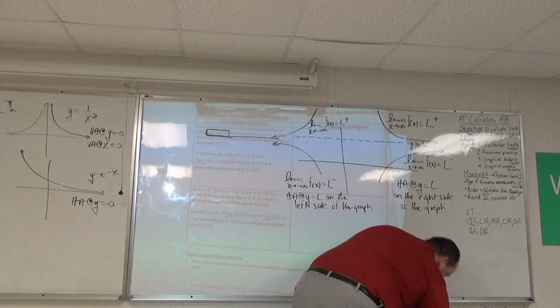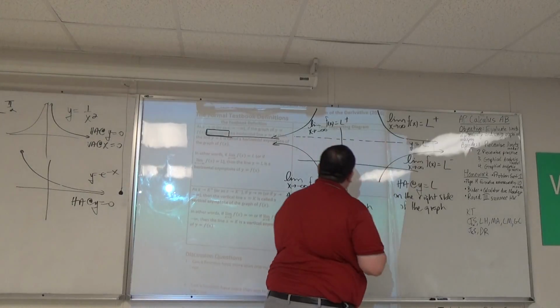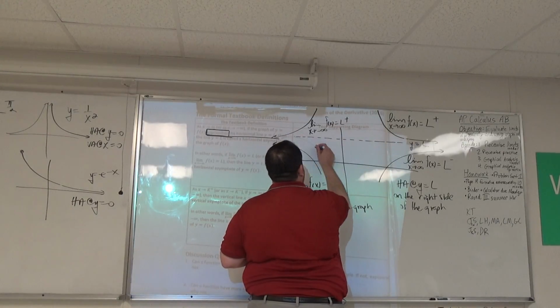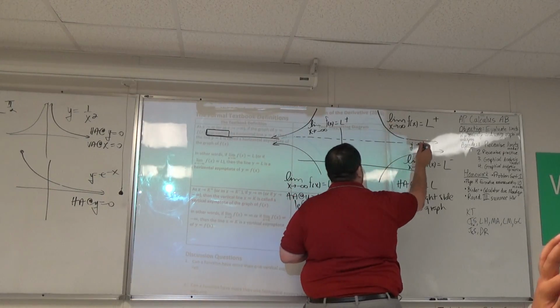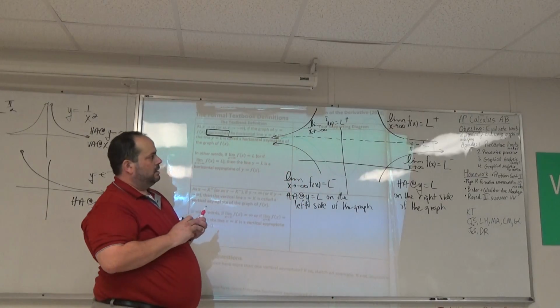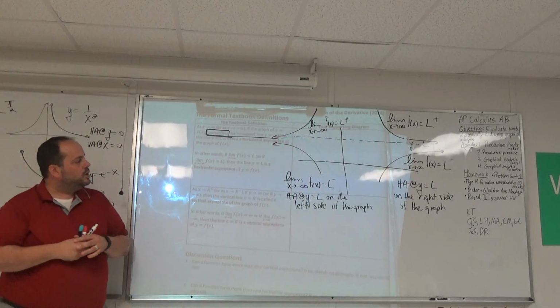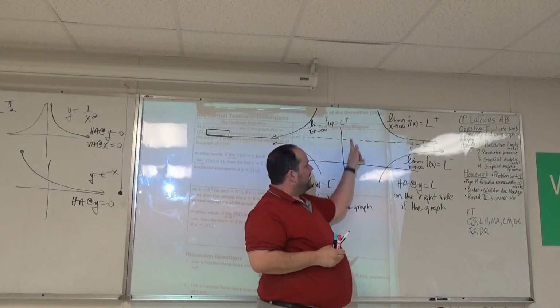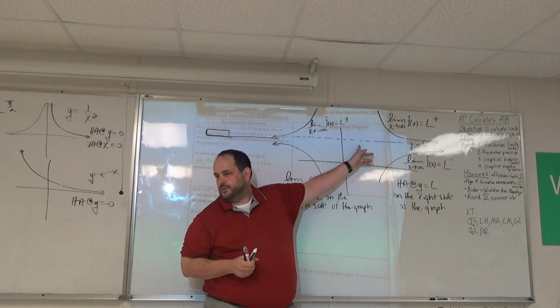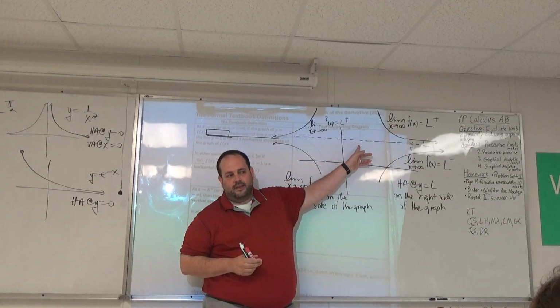Now, here's the tough one. Could your graph do something like that? Possibly, yes. Could your graph cross the horizontal asymptote?